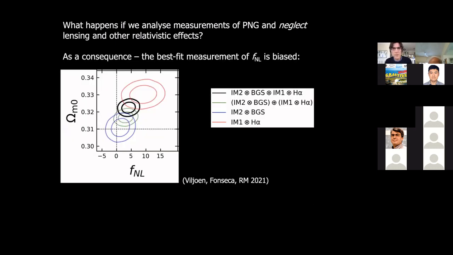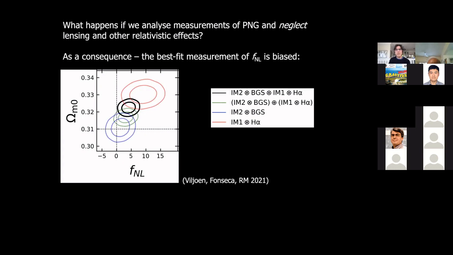So what is the consequence of neglecting lensing and other relativistic effects in the analysis of the power spectrum? I've shown you here the dramatic consequence of it. If you neglect these effects, then you will introduce a theoretical bias, a theoretical systematic.